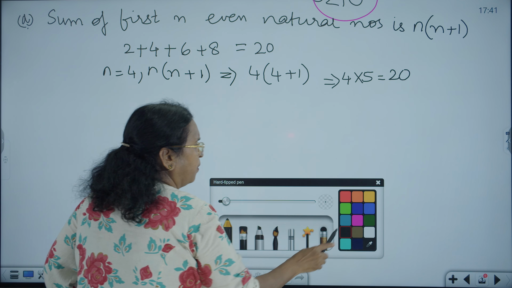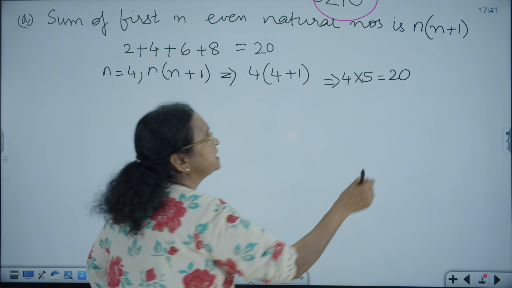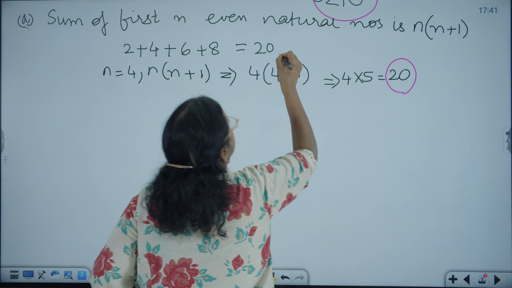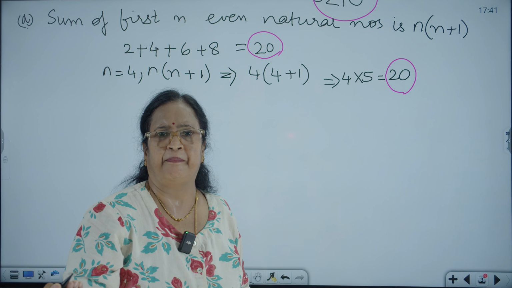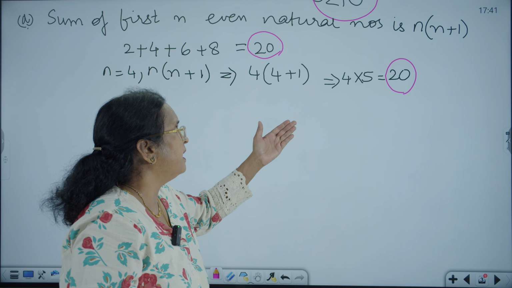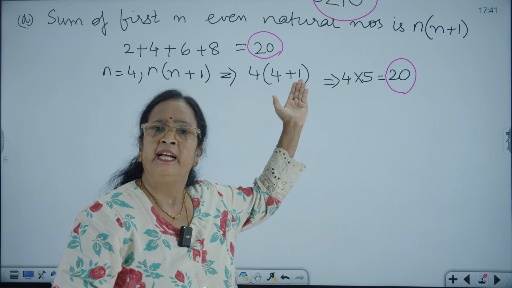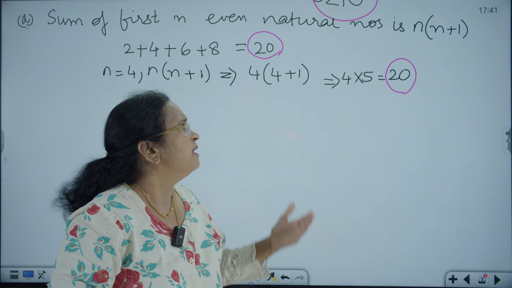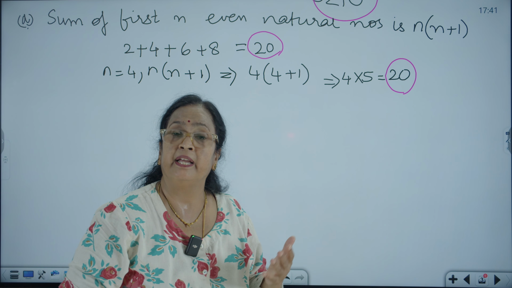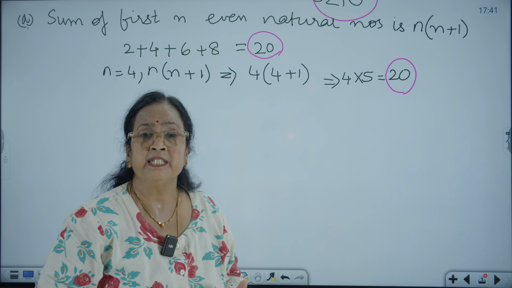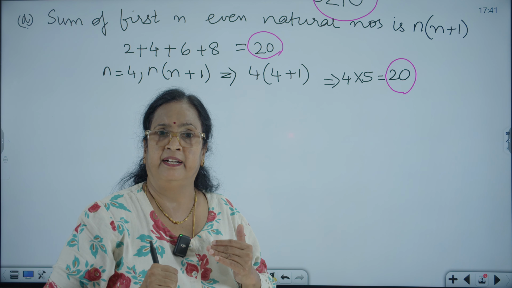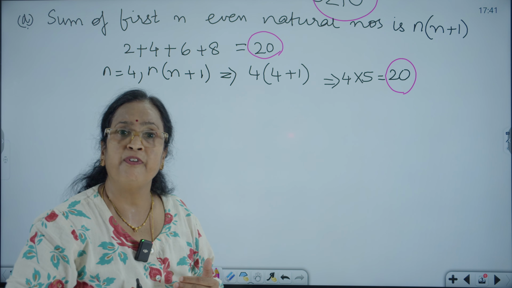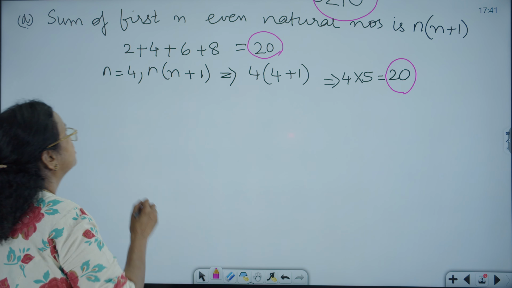Now, what do I see? What is the conclusion? I get answers same. Both the answers are same, the formula and which we did manually. They are small numbers. Now, I want first 49. That has to be used with the formula itself, isn't it? Let us do that.